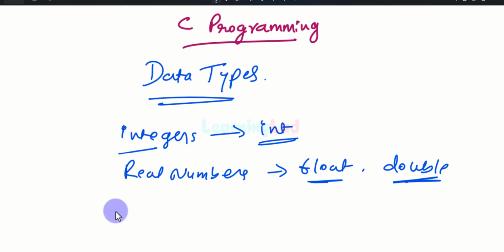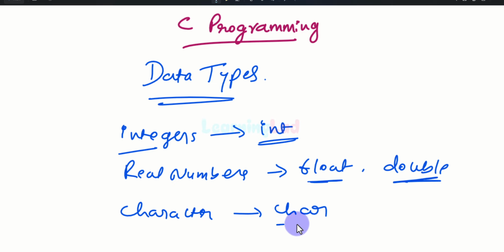And then we have seen that we have character values, and in order to represent them, we have the data type called char. And the strings that we have talked about in C programming language are groups of characters, which we will learn in the upcoming videos.